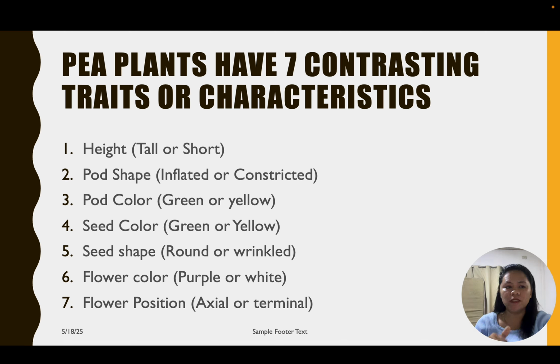During germination, 7 to 10 days after itanim natin sila, mag-germinate na yan sila. And then, 4 to 6 weeks, mag-start na labas yung kanilang flower. And then, yung pod naman, yung nilalagyan ng seed, mag-form and mag-mature. Mag-begin yan 1 to 2 weeks after the flowering. Okay?